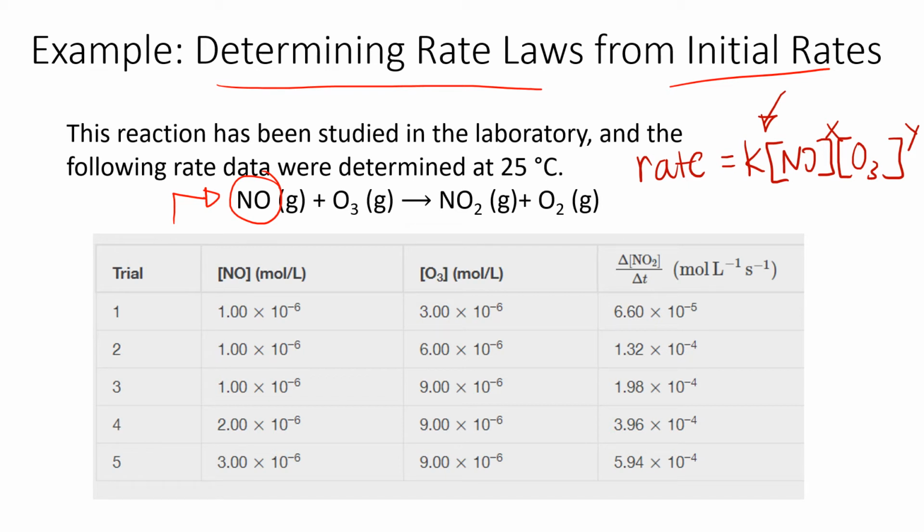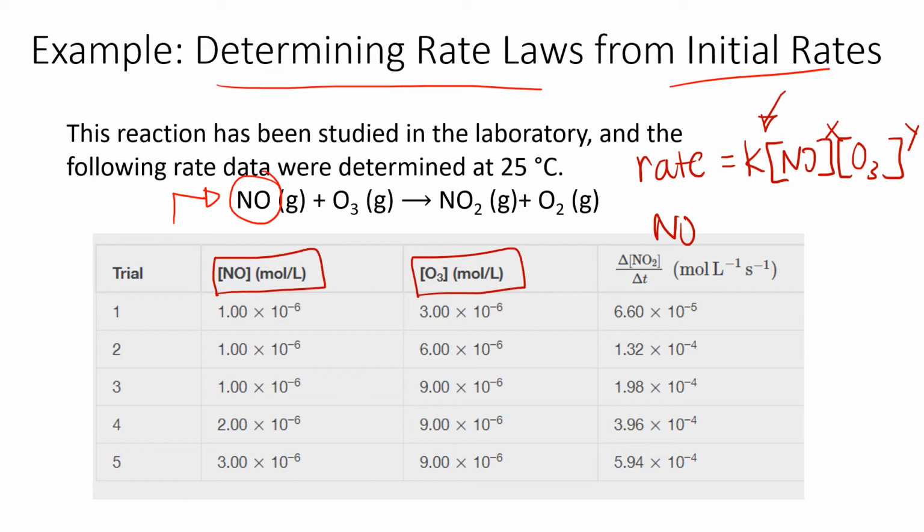So your first step, let's say we were determining the order for NO, right? We're going to focus on NO. You would look for where the concentration of NO is changing, but the concentration of O3 is staying constant.